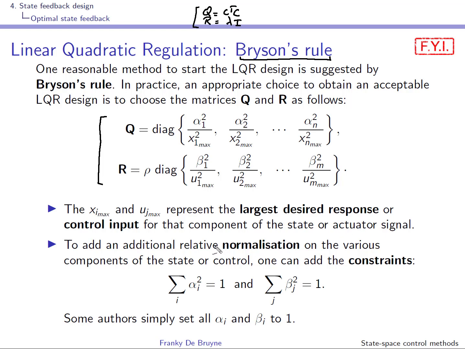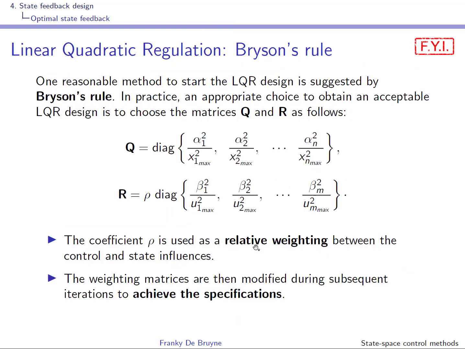Often additional relative normalizations are added on the various components of the state or control, and these are this alpha i and beta i that you see over here. You see also that there is this parameter rho, and rho is used as a relative weighting between the control and the state influences. This is more or less equivalent to the lambda that we had introduced before.